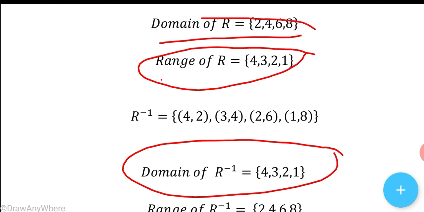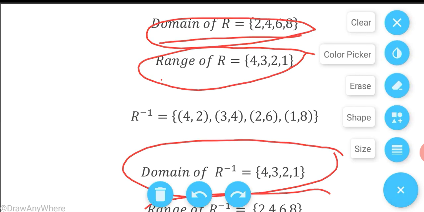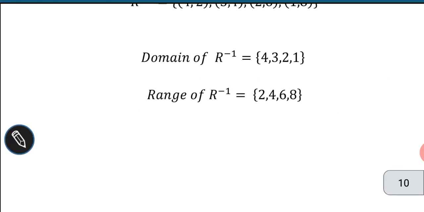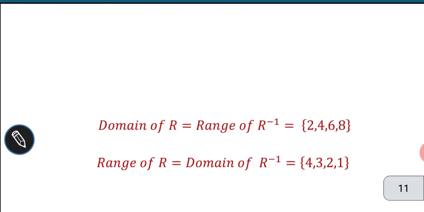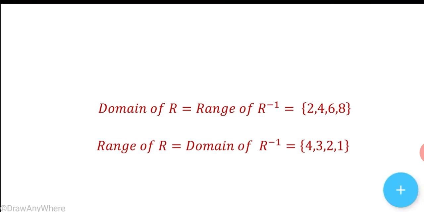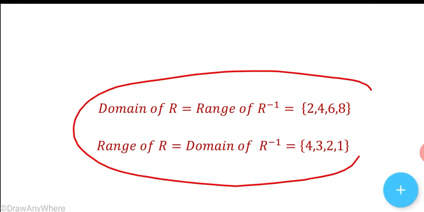Also domain of R is equal to range of R inverse. Okay, from this we can write domain of capital R equal to range of R inverse equal to 2 comma 4 comma 6 comma 8, range of R equal to domain of R inverse equal to 4 comma 3 comma 2 comma 1.